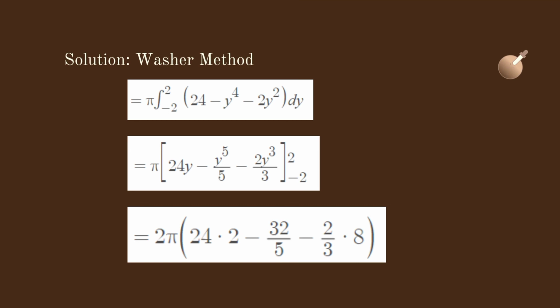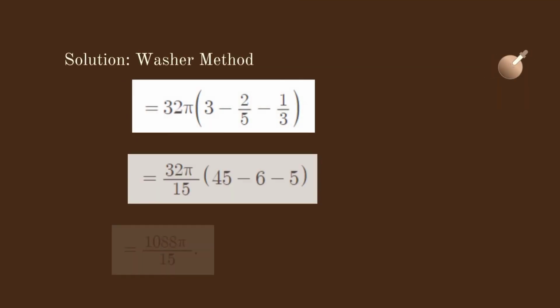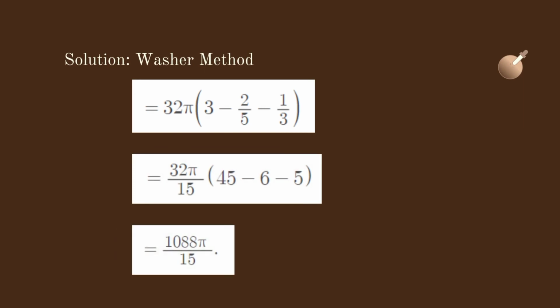Substituting negative 2 and positive 2 for y, we have 2 pi times 24 times 2 minus 32 over 5 minus 2/3 times 8. So, multiplying 2 by 16, we get 32 pi times 3 minus 2/5 minus 1/3, which is exactly equal to 32 pi over 15 times 45 minus 6 minus 5, or 1088 pi over 15.